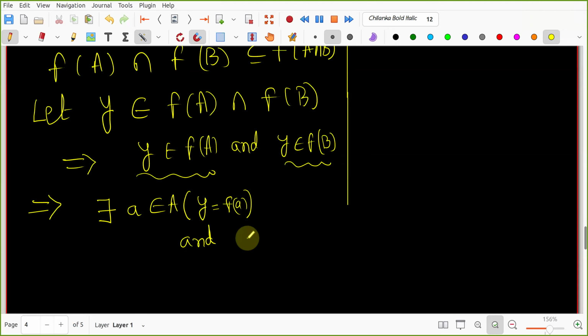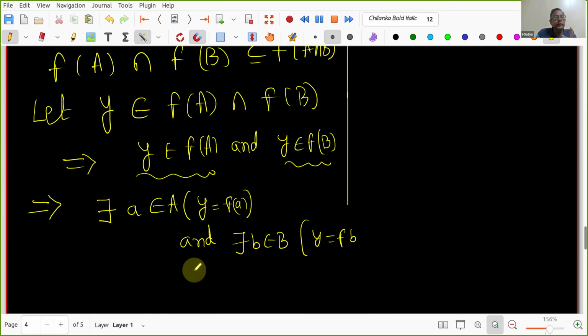And same for b: there exists a small b which belongs to capital B such that y is equal to f of b. Okay, nice.